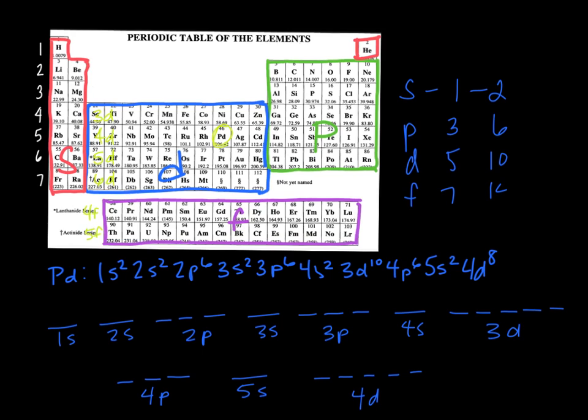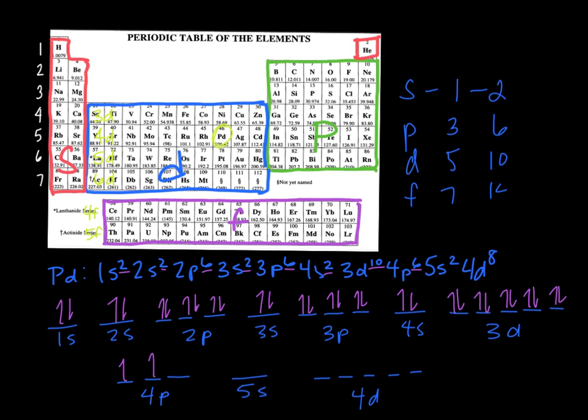Okay, so now we've got to add the electrons in. So I've got 2 here, 2 in this one, 6 in this one, 2 in this one, 6 in this one, 2 here, 10 in this d orbital, and they have to have opposite spins, 4p, 5s2, and 4d8.